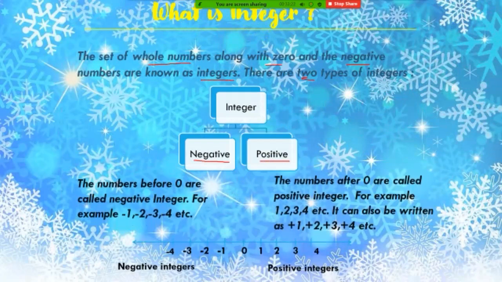Numbers before 0 are negative, like -1, -2, -3 and so on, and the numbers after 0 are positive, like 1, 2, 3, 4, etc. They can also be written as +1, +2, +3, etc. Here's the number line: the numbers to the left of 0 are negative and to the right of 0 are positive. So 0, we can say, is the midline.